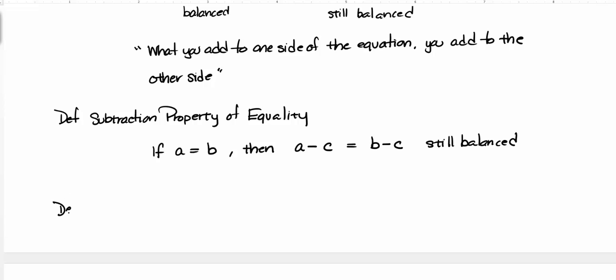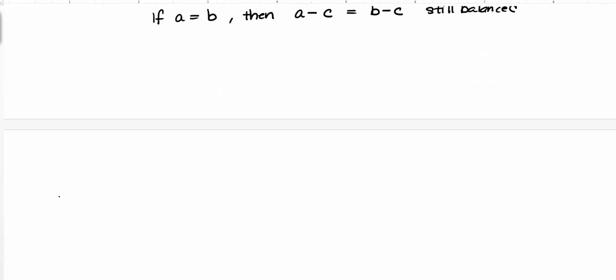Again, whatever you do to one side of the equal sign, you've got to do to the other side. The last two properties are the multiplication and division properties, and then we're going to start to use them in the next section.